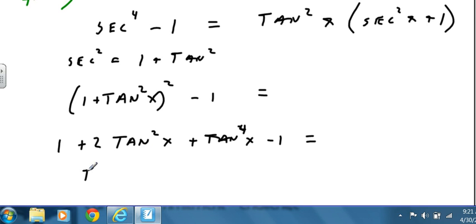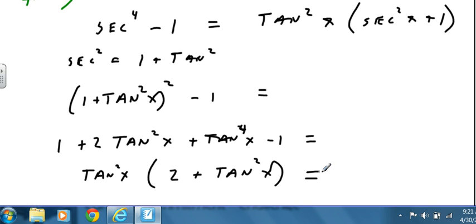So I got tangent squared x times 2 plus tangent squared x. And that's supposed to equal what I have over there. Well, we'll see about this.